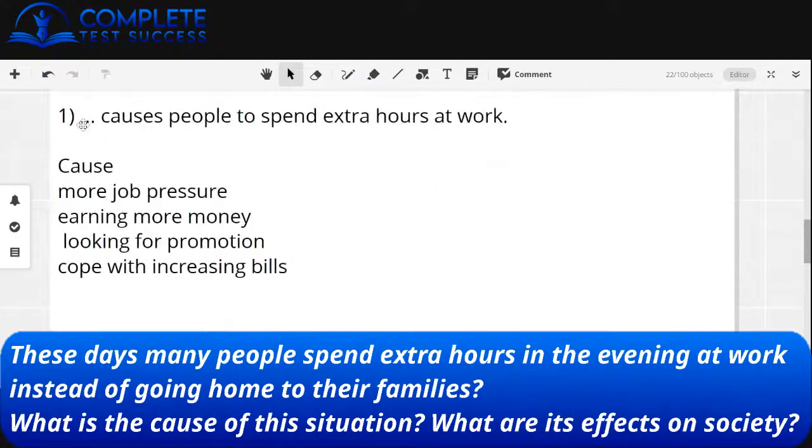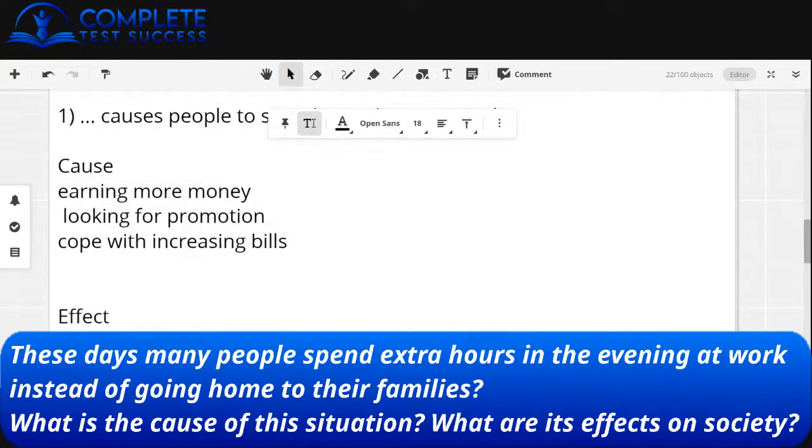So if we put these at the start of the sentence, causes people to spend extra hours at work, considering we've already looked at more job pressure, let's just do these three. So earning more money, looking for promotions, cope with increasing bills. How many of those ideas are relevant? So you can just type 1, 2, or 3 in the comments.